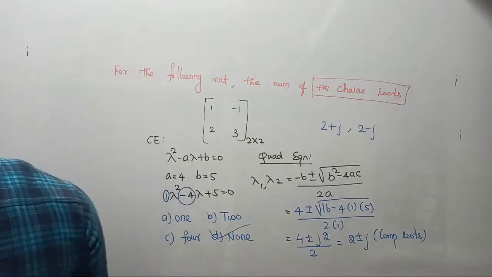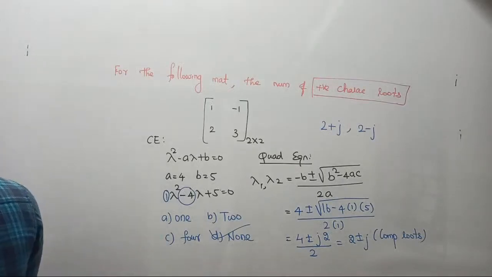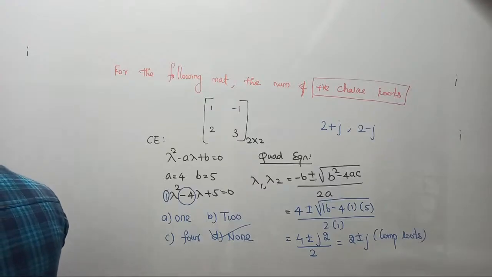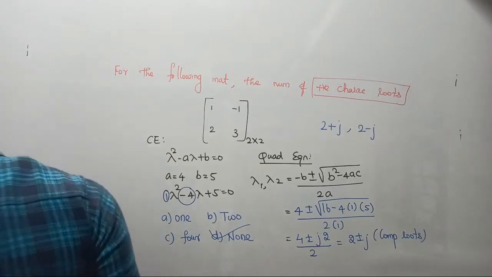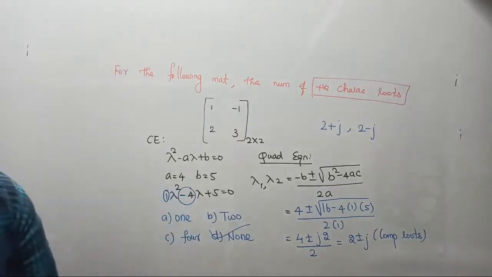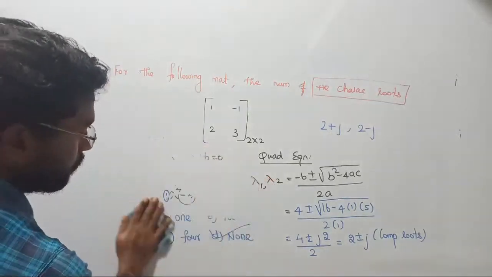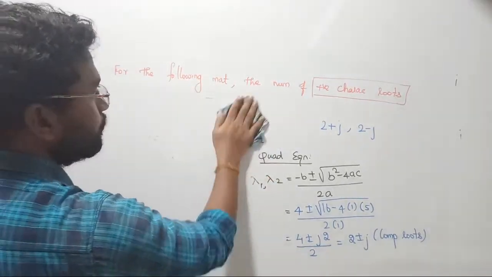Okay, let's go ahead with the next question. One second. I think these questions are over here. Let me select the next one. Write down the question. Determinant of the matrix is what?